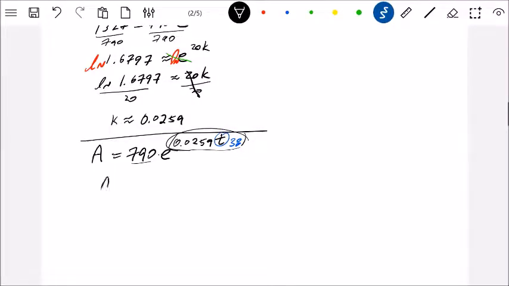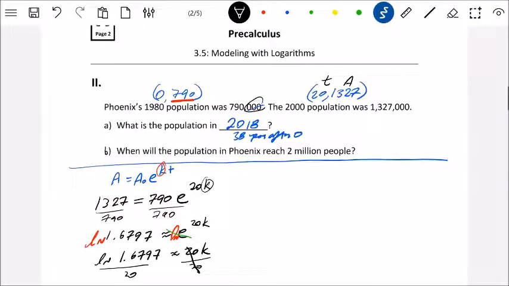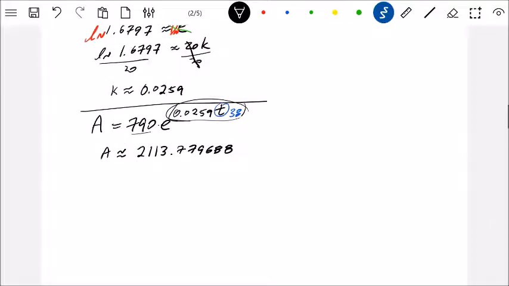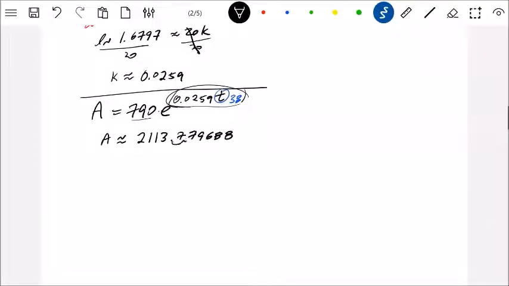And A is approximately 2113.77968. Remember the zeros I didn't count at the beginning, but now they have to go back in, which means move the decimal 3 times.